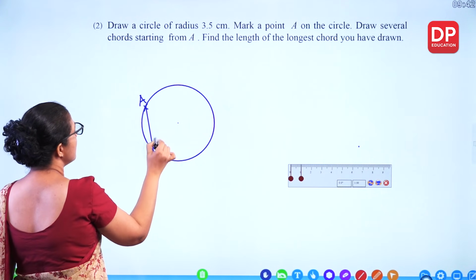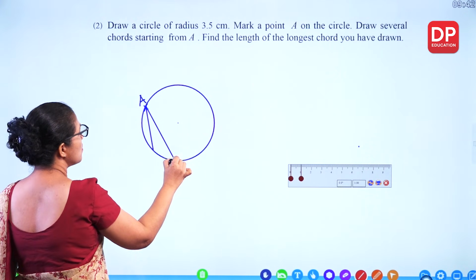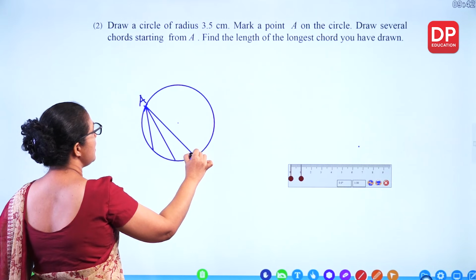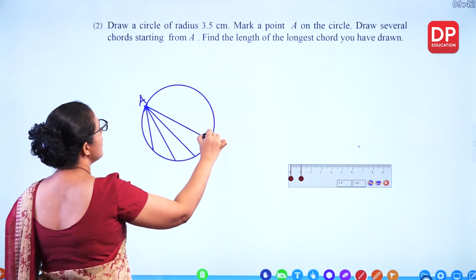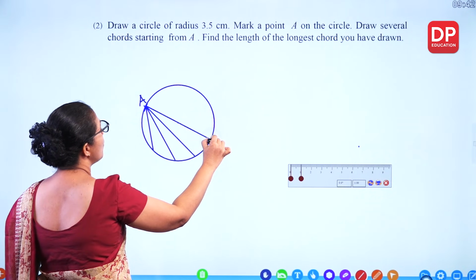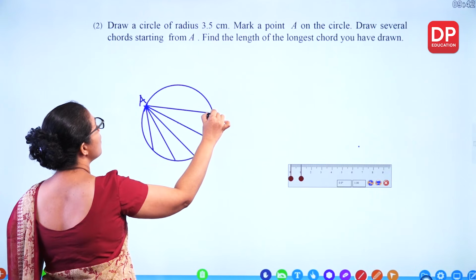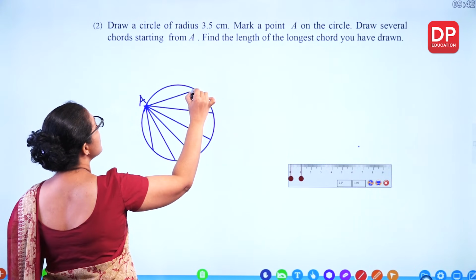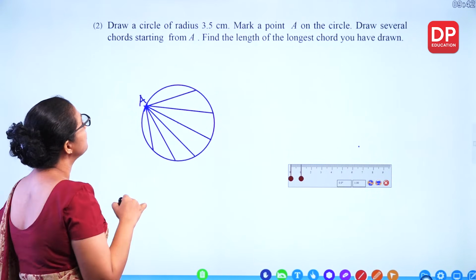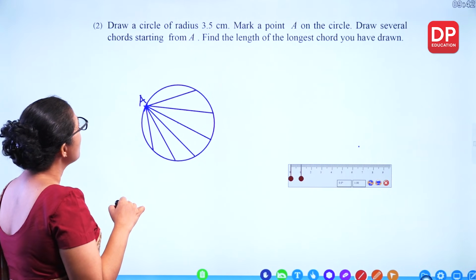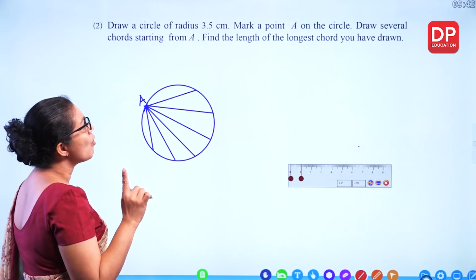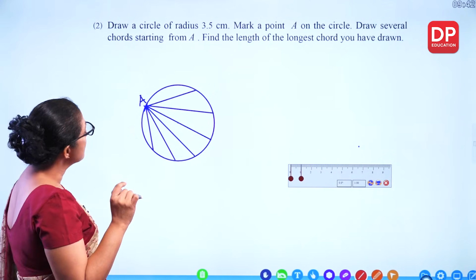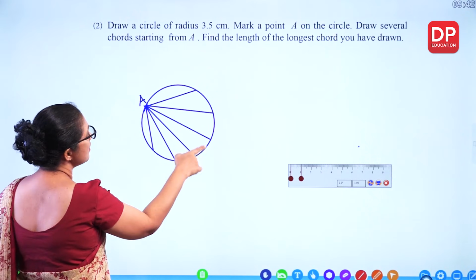So I'll draw several chords. 1, 2, 3, 4, 5, 6. Several chords. Find the length of the longest chord you have drawn. So what's the longest one?